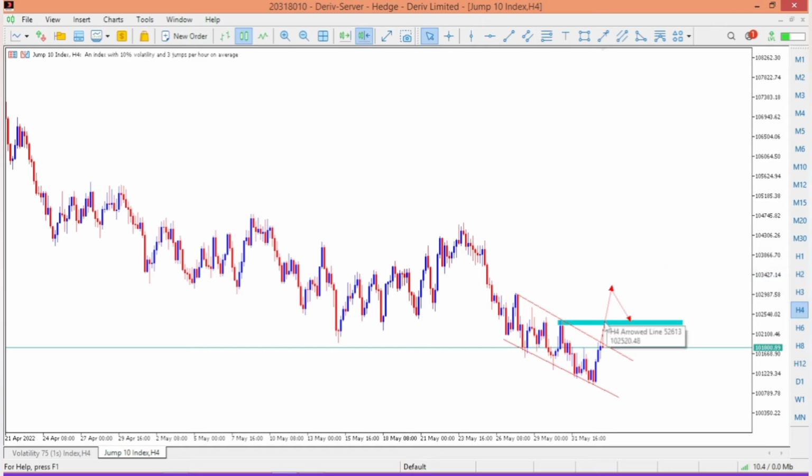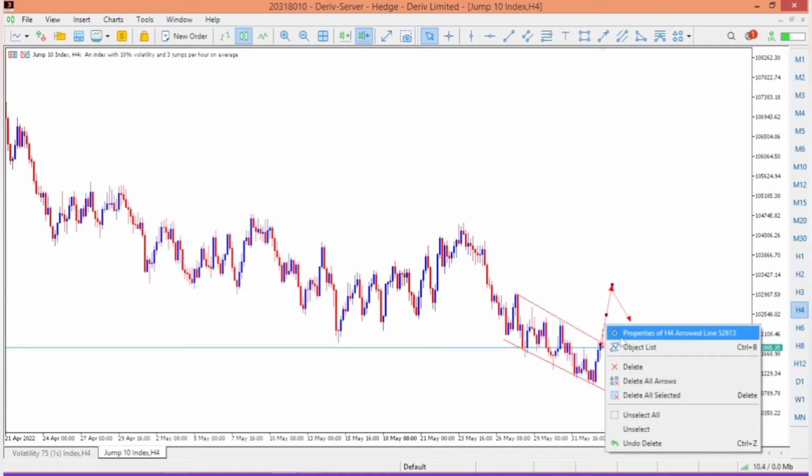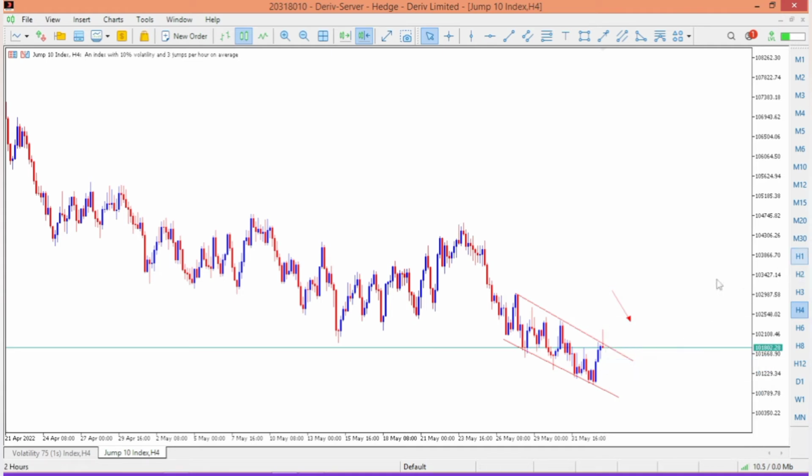If it does not take that high out, I suggest you just stay away from it at the moment. Just monitor it and keep it on your watch list.